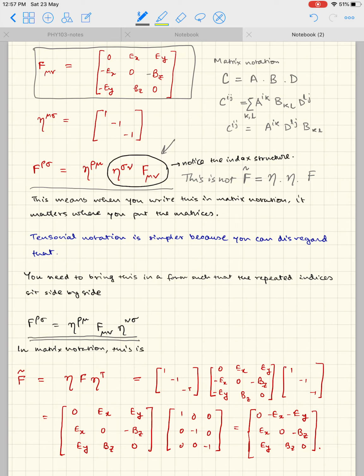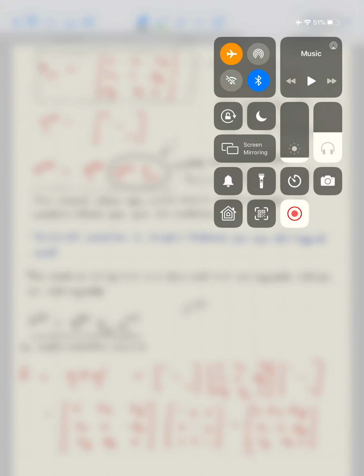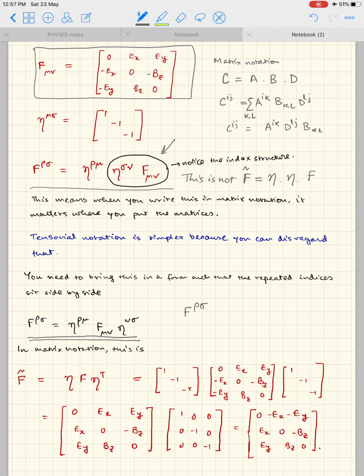So how do you do this? You notice that you had something which is F rho sigma, which is equal to eta mu nu, eta rho nu, F mu nu. Repeated indices have to come side by side.